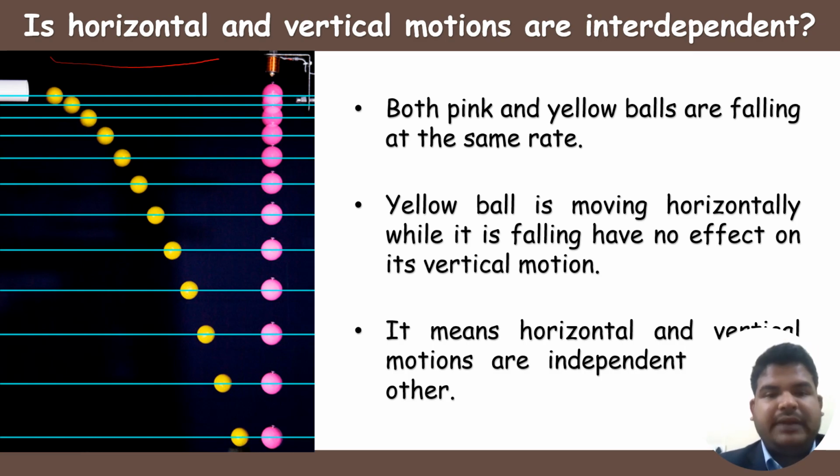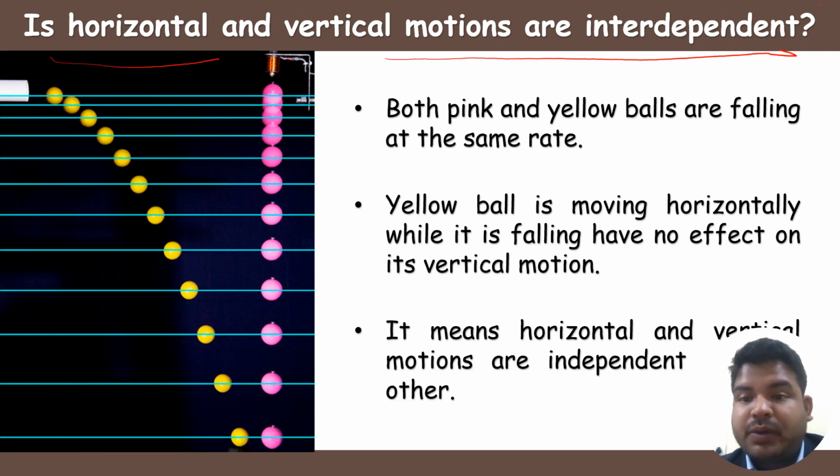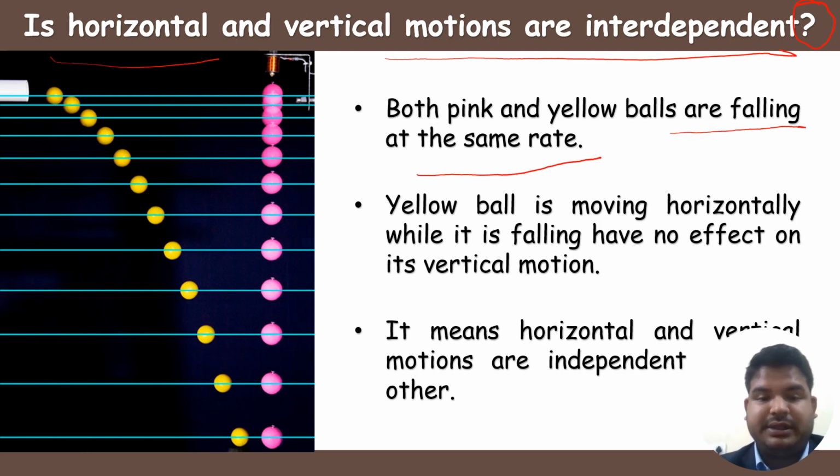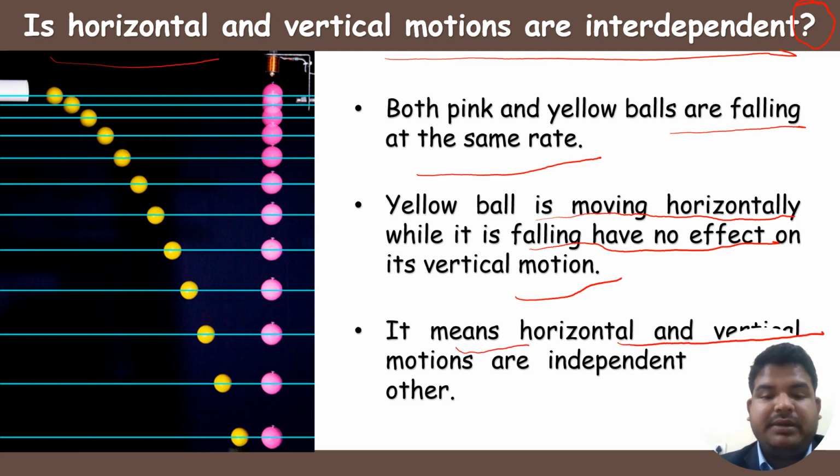Are horizontal and vertical motion independent? This is the question. First of all, be very clear about that. Both pink and yellow balls are falling at the same rate. The yellow ball is moving horizontally while it has no effect on its vertical motion. It means the horizontal and vertical motions are independent.